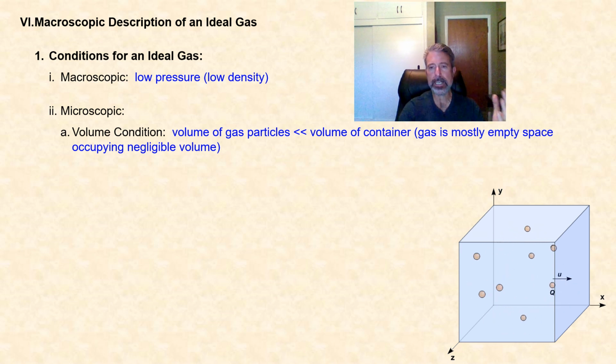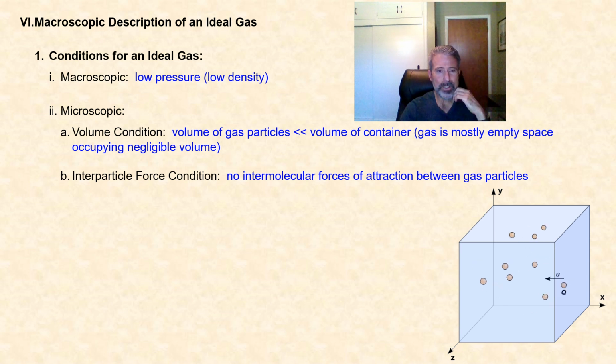It occupies a negligible amount of volume. And you can see that if that condition is met, then you would have a gas at a very low pressure and low density, if the actual volume of the particles was much, much less than the volume of the container that they were allowed to move in.